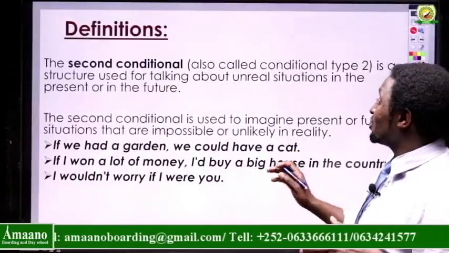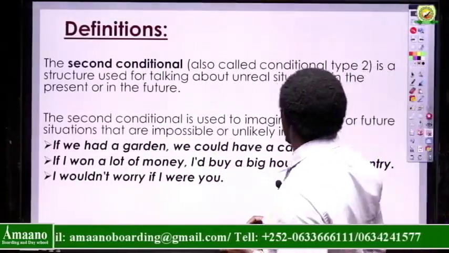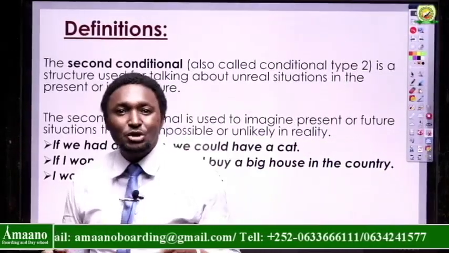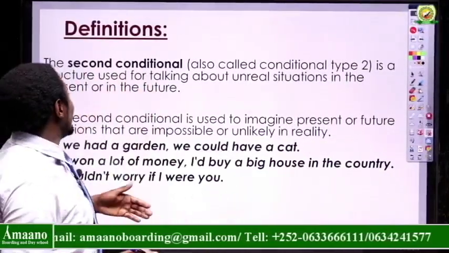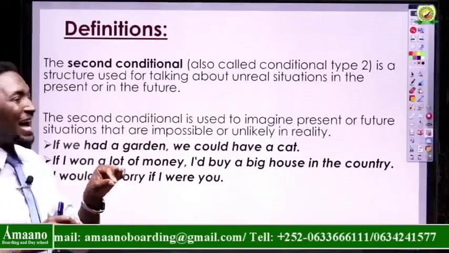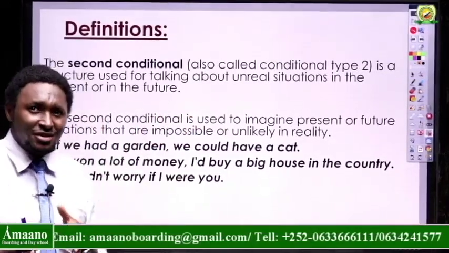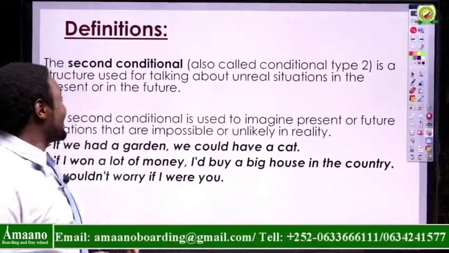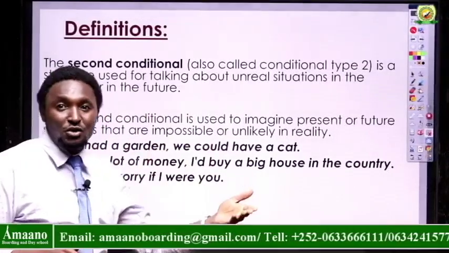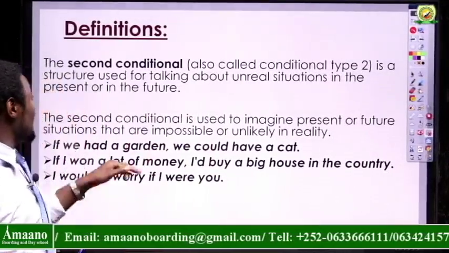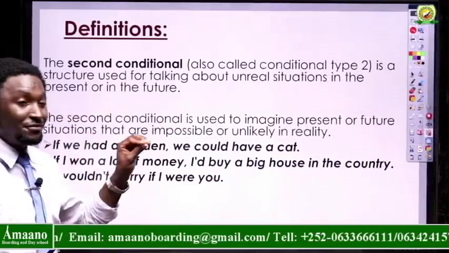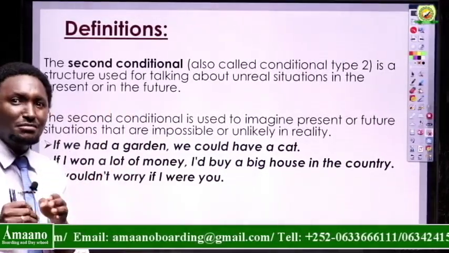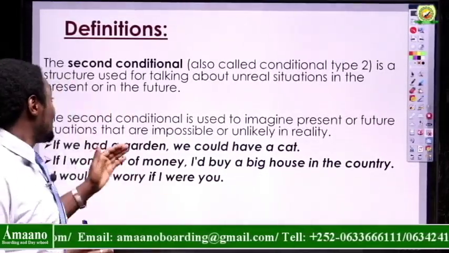Definitions. Now the second conditional, which is also called conditional type 2, is a structure used for talking about unreal situations. So this is the keyword, unreal situations in the present or in the future. Unreal means they are not real situations.